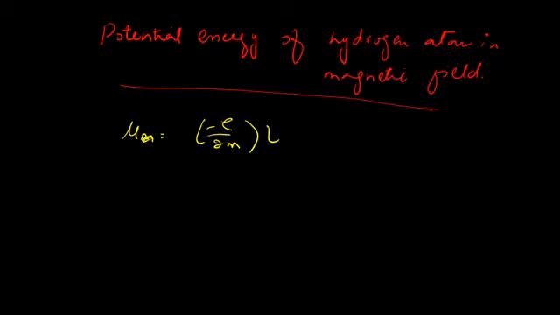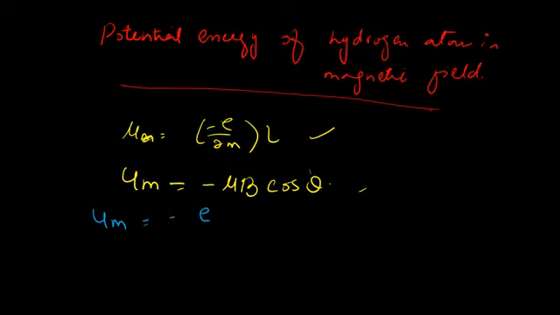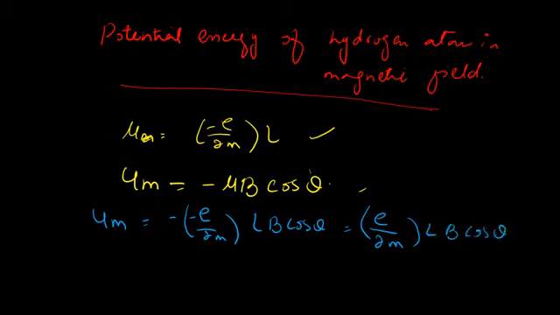Now we know that the potential energy is equal to minus mu B cos theta, as we have already found. Putting the value of mu in this equation, the potential energy of the atom in a magnetic field will be equal to minus minus E divided by 2m into L B cos theta, which is E by 2m into L B cos theta.